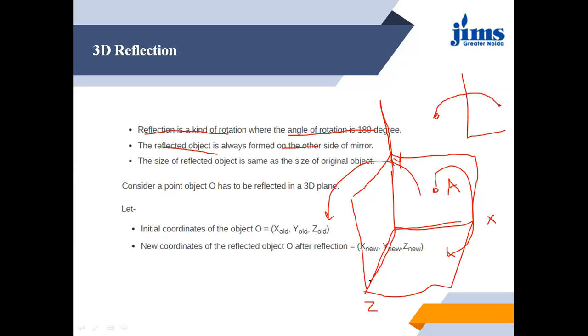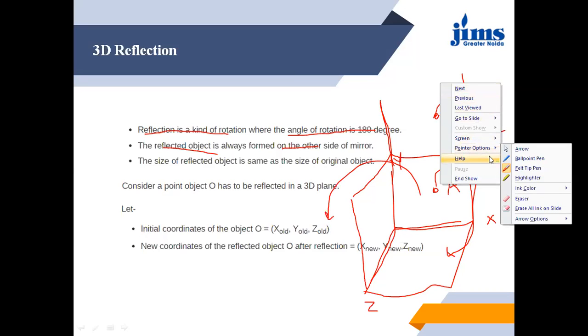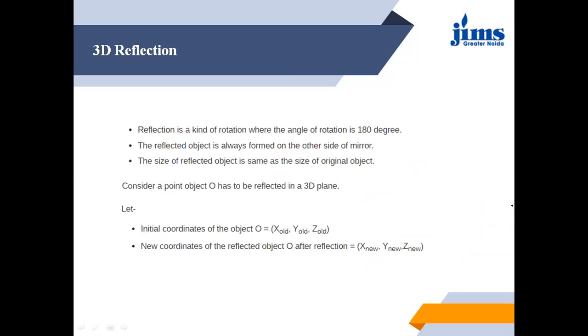So in 2D, the reflection was with respect to an axis, and here in 3D, the reflection is with respect to a plane, that is the XY plane, YZ plane, or ZX plane.